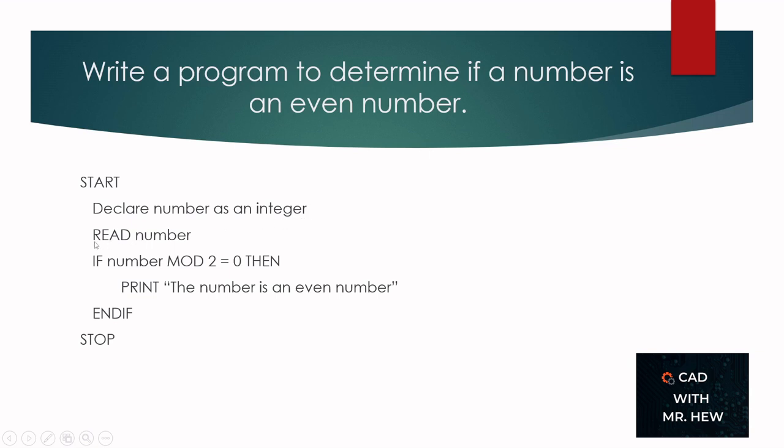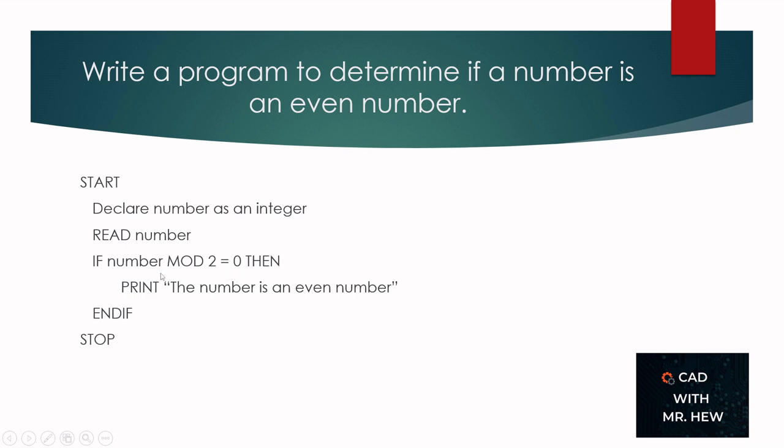Then the next line in our pseudocode algorithm, we'll be reading the variable, which is number. Then the core part of the pseudocode, here we'll be determining if the number is an even number. So we use the selection control structure, which is the if then, to determine if the number is an even number.